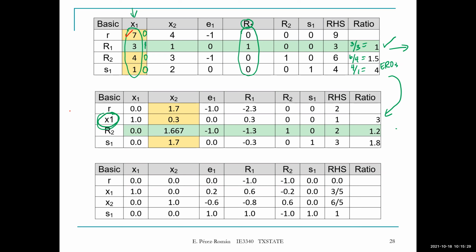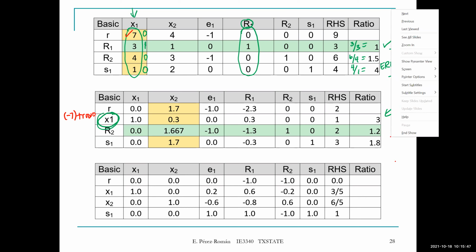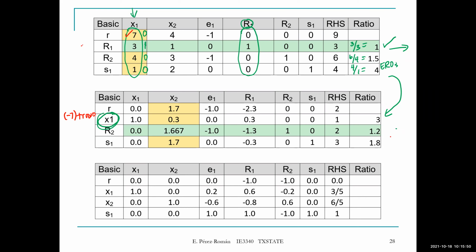Yes, so you multiply this by -7 and you add it to row 0. But before you do that, how do you make this 1? How do you make these 3 equal to 1? You have to multiply all this by 1/3, right?